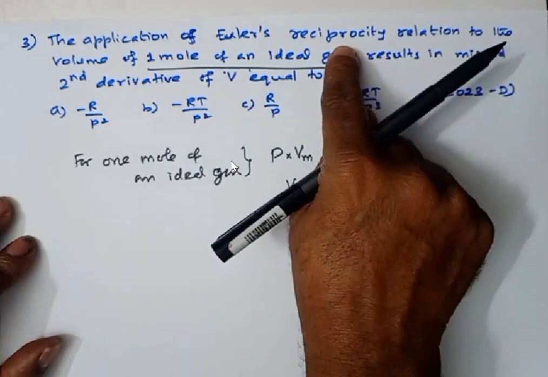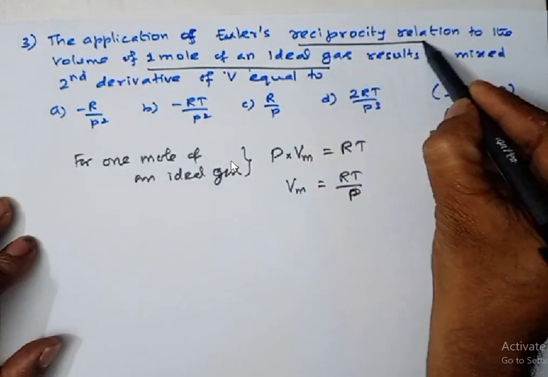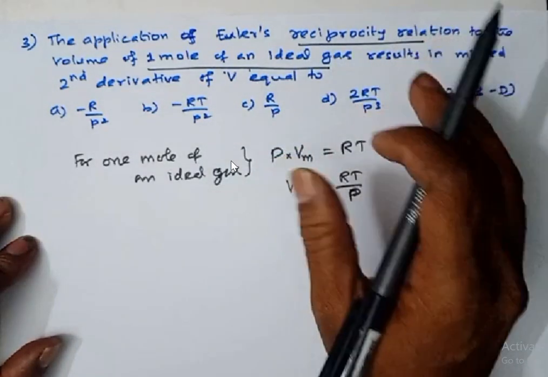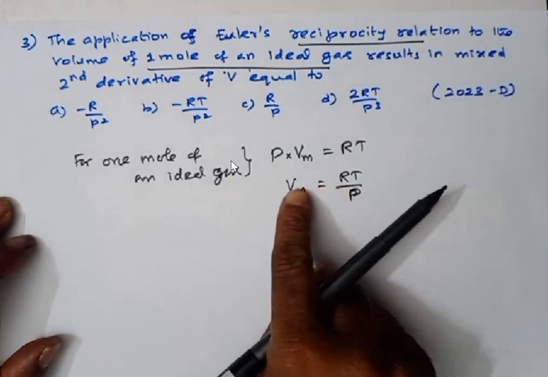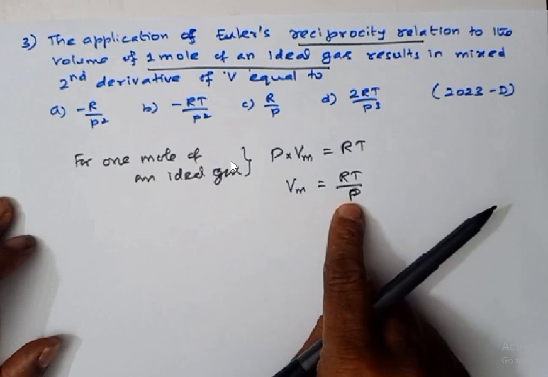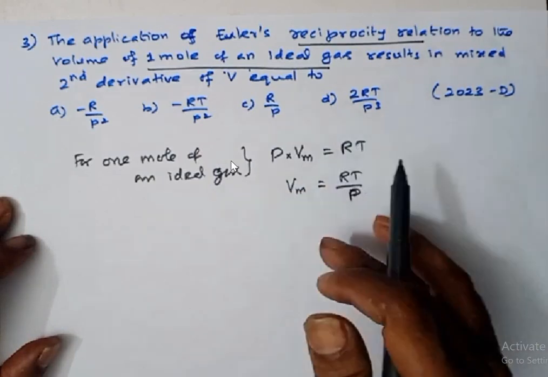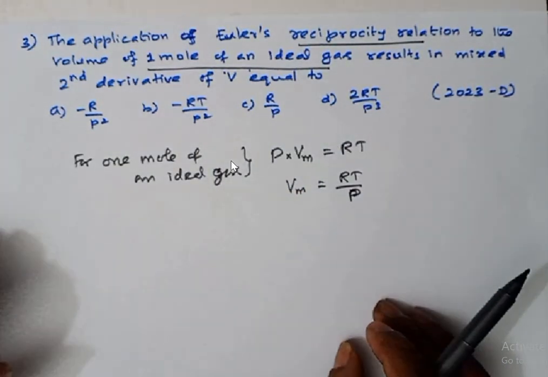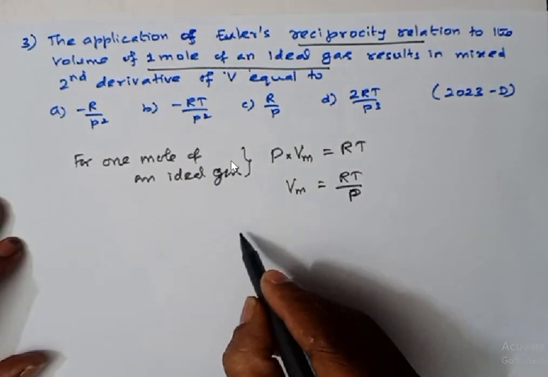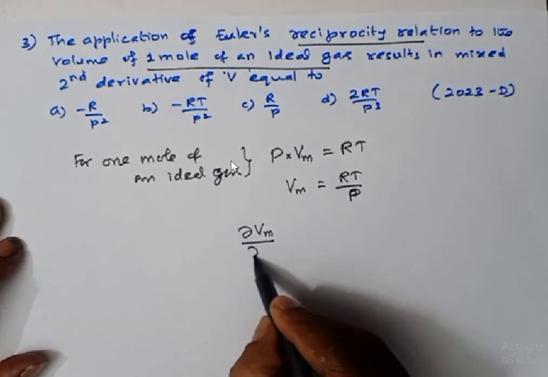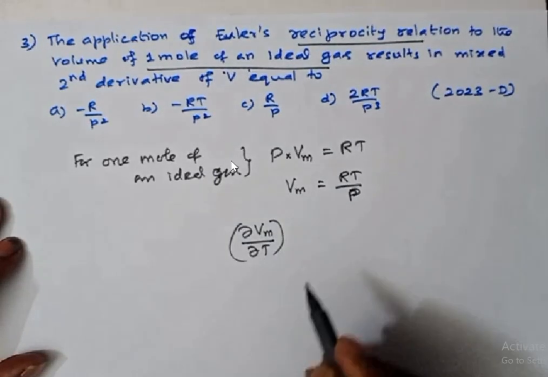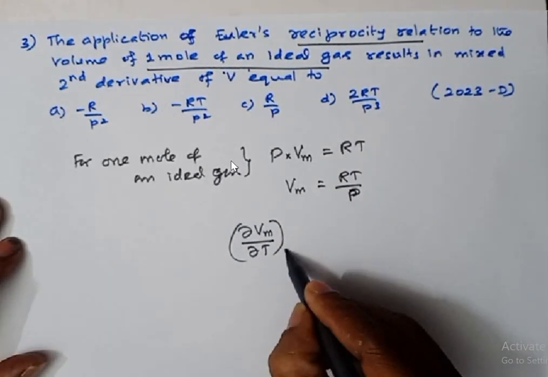Euler's reciprocity relation is actually a cross relation, a cross derivative. First differentiate V with respect to pressure or temperature, then differentiate with the next variable. So first I'm going to differentiate V with respect to temperature, keeping pressure constant.